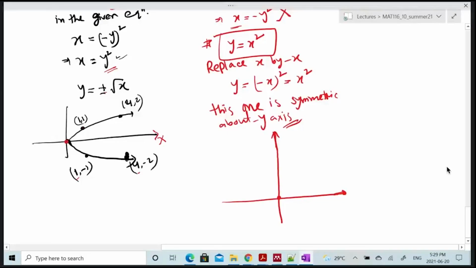But we also got the information that it is going to be symmetric about the y-axis. So if we just keep positive points, say I take 1, so x equal to 1, y is going to be 1. X equal to 2, y is going to be 4. So 1 comma 1 and 2 comma 4. I know it's symmetric about the y-axis, so I can also pick the point minus 1 comma 1 and minus 2 comma 4. Exactly. Then we just join it.